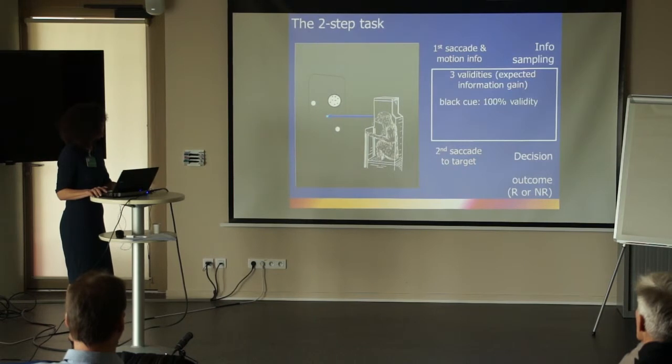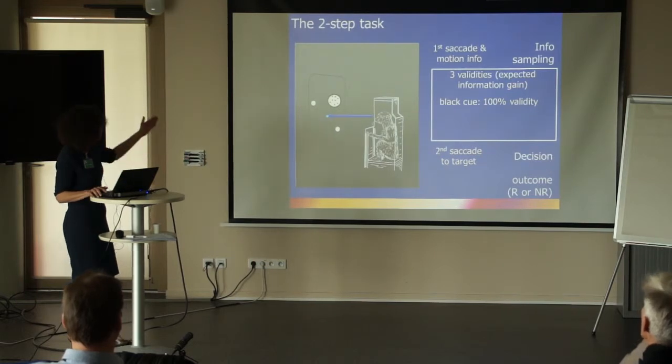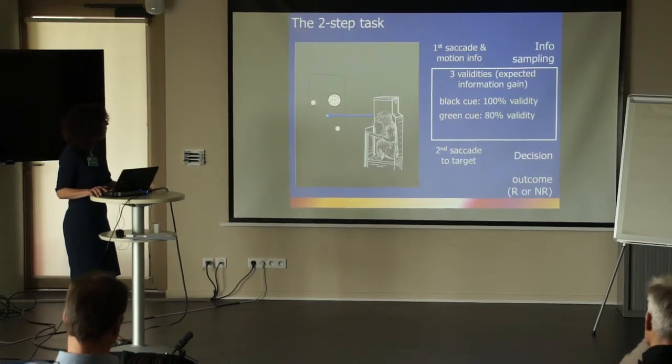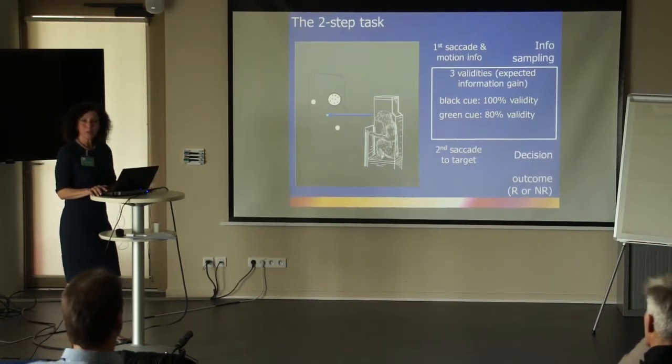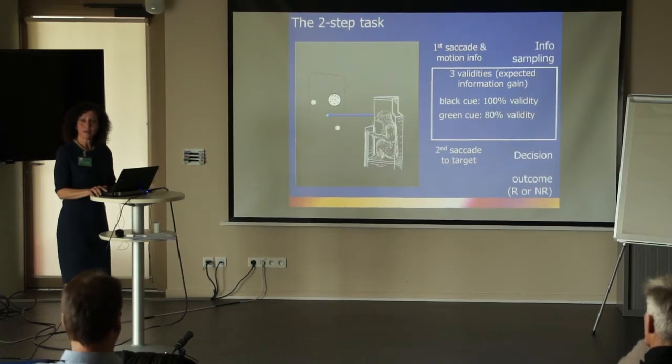So the cue that had a black border like this, the monkey knew it was a perfectly reliable cue. Whenever it said that the rewarded target is down, that was correct, and vice versa. But another cue had a green border, and that had only 80% validity. So that cue was simply unreliable.